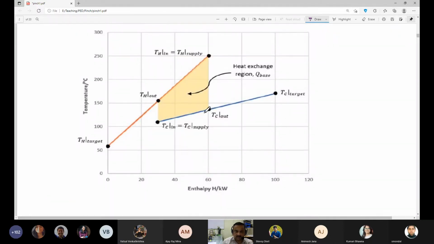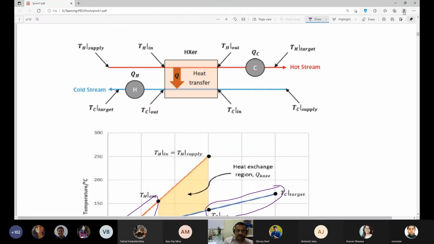Now we have removed those numbers. You can see this was the plot we had, and we already said that for this part we need cooling water, for this part I need steam, and this part we can have a heat exchange. So TH in is equal to TH supply. We assume that this is the same. So it enters here and leaves at TH out.